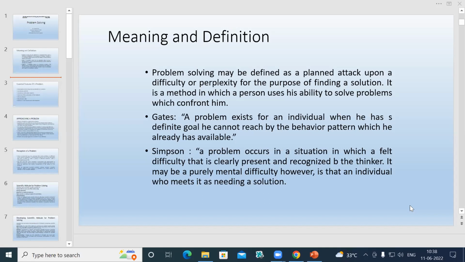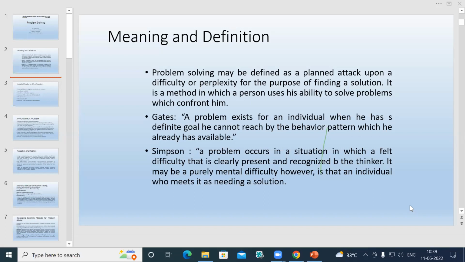Or you can brief it like this: problem solving is a method of teaching which provides opportunity to students for analyzing and solving the problem faced by them, on the basis of the previous stock of knowledge available to them, so they are independently able to solve the problem.